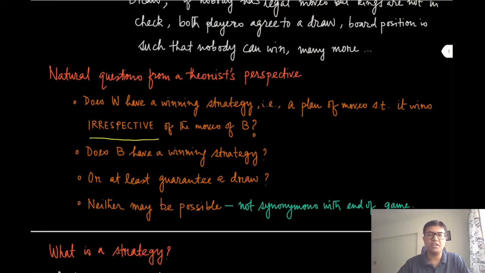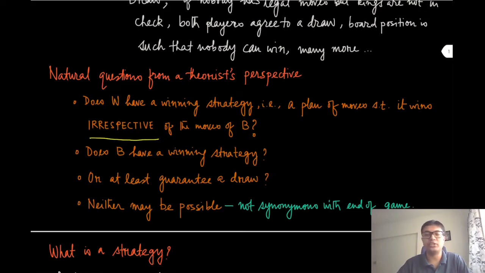Similarly, you can define the black player's winning strategy, and the question is, does black have a winning strategy? Or do they have a strategy where they can at least guarantee a draw? Maybe none of them wins, but at least they can guarantee a draw. You can contrast this with smaller sequential games like tic-tac-toe, where you know how you can ensure a draw.